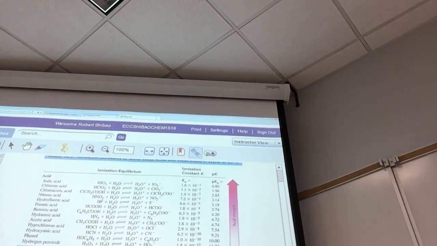And so let's take a look at the range in terms of how much we can adjust it. Let's say we adjust the pH 1 unit higher or 1 unit lower than the pKa. Then we look at the base to acid ratio.